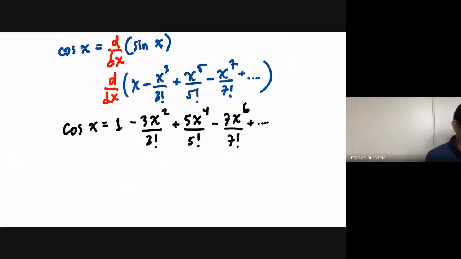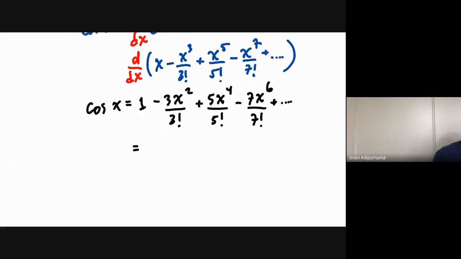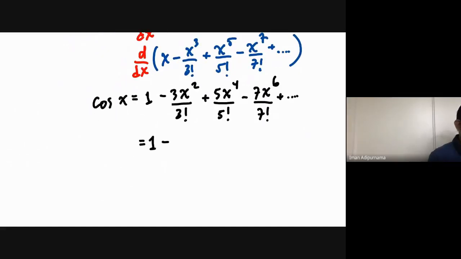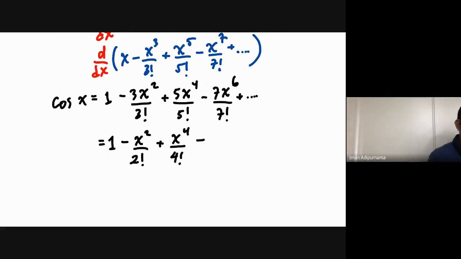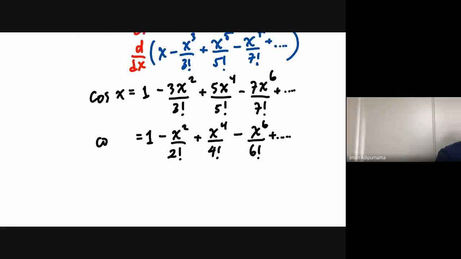And we have this kind of pattern. We can simplify this. And we get this result for cosine.